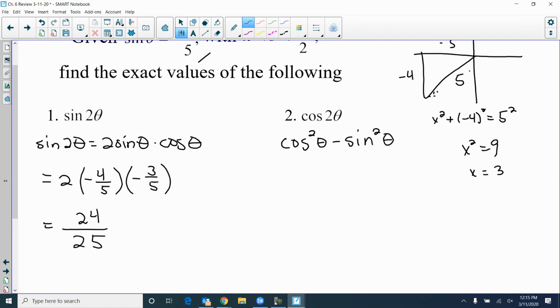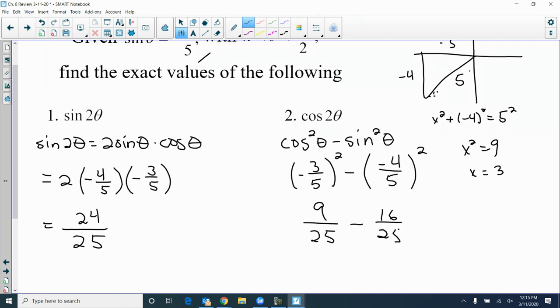All right, we already figured out, so cosine squared is -3/5 squared minus sine squared, which is -4/5 squared. And then what is that? 9/25 minus positive 16/25. And then what do we end up with? -7/25.